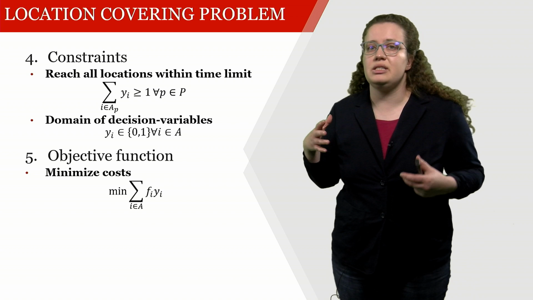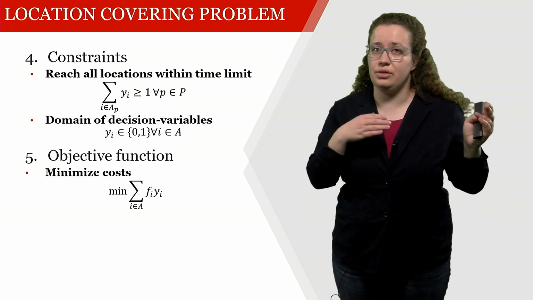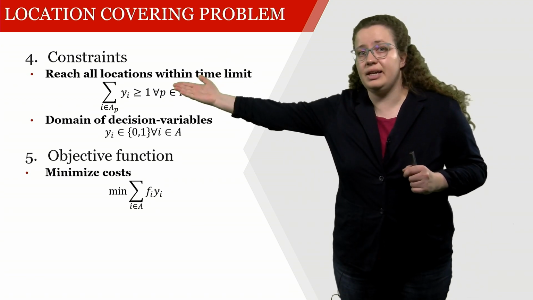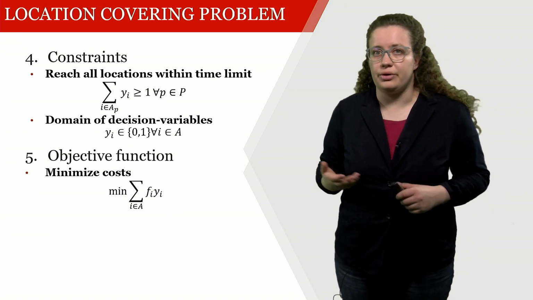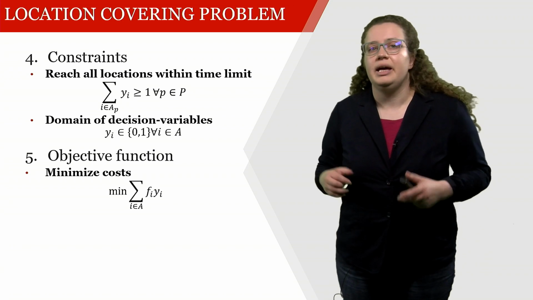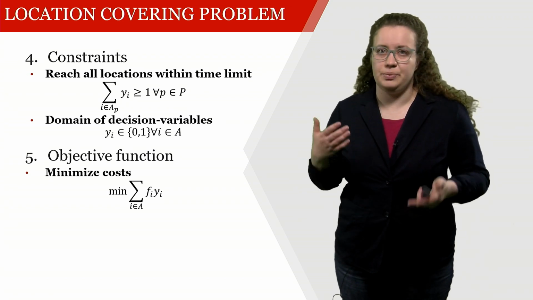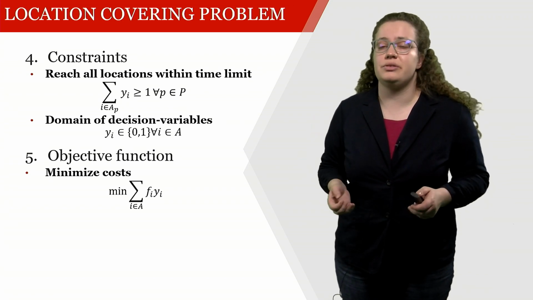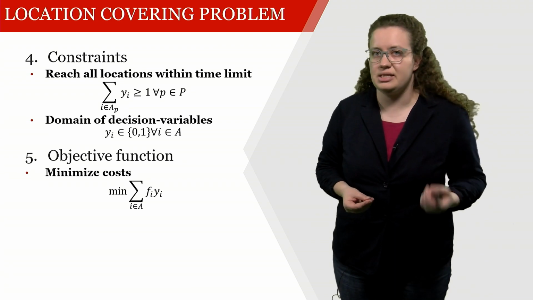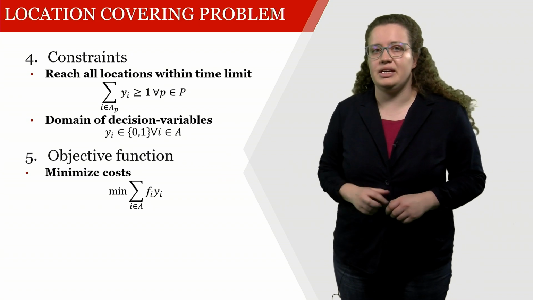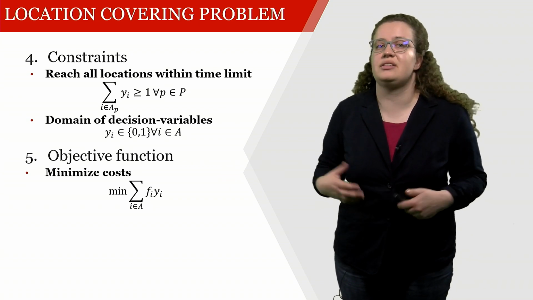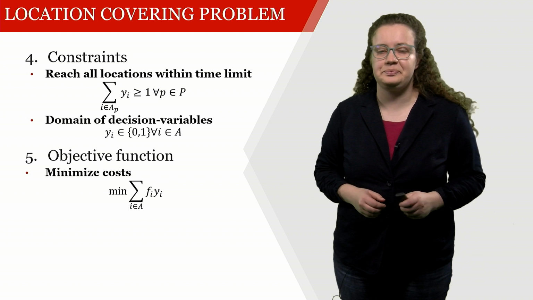So, for instance, if we only open the one in the south and the one in the west, then here the left-hand side would be 0 for the patient in the northeast of the city. And then this would be infeasible. So we're doing this for each patient, and we're always considering the patient's specific set of candidate locations. And I would say minimizing the costs, that is once again fairly obvious.